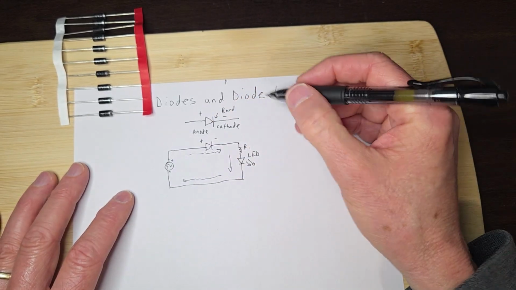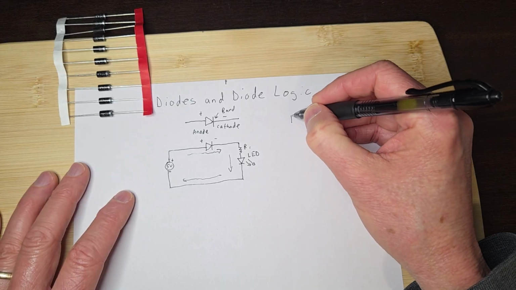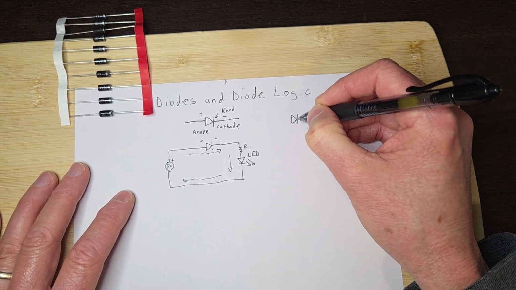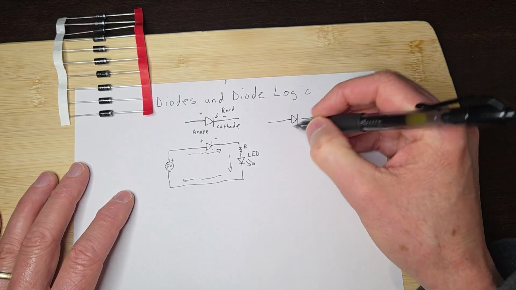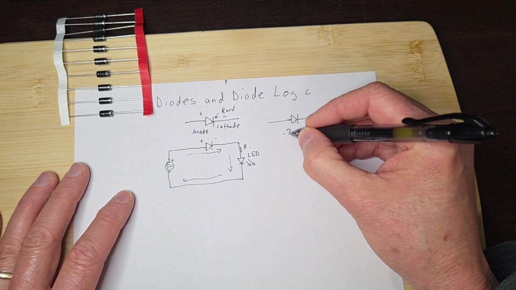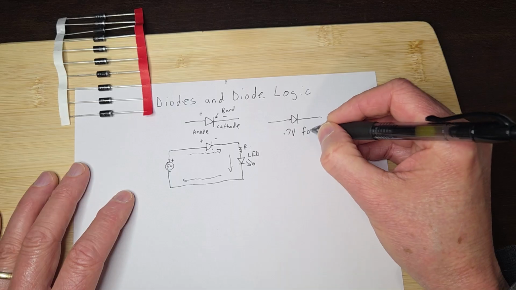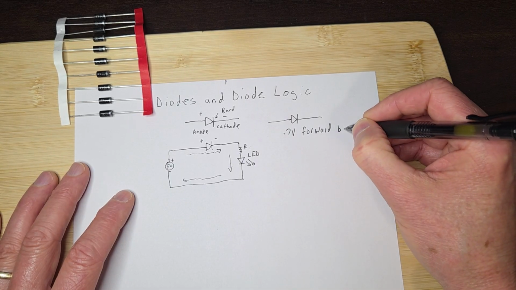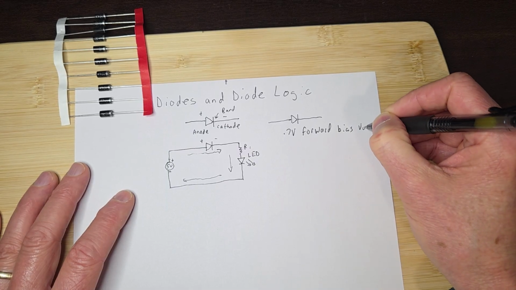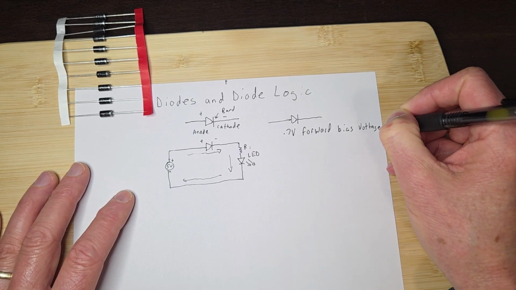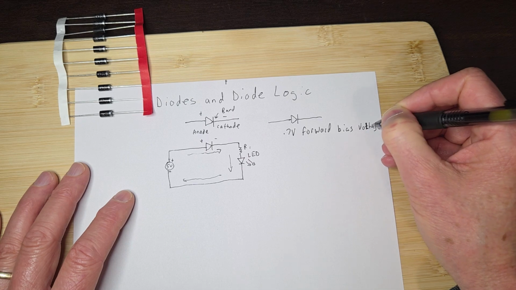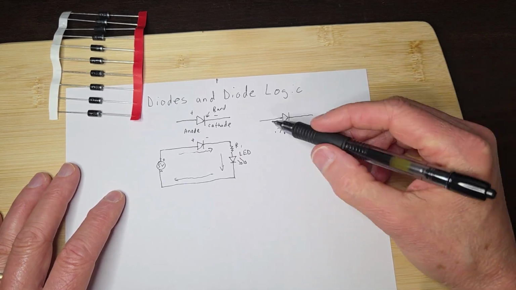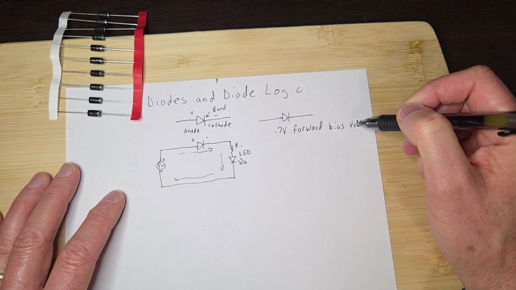Usually for most diodes to conduct, they have to have at least 0.7 volts. That's the forward bias voltage.